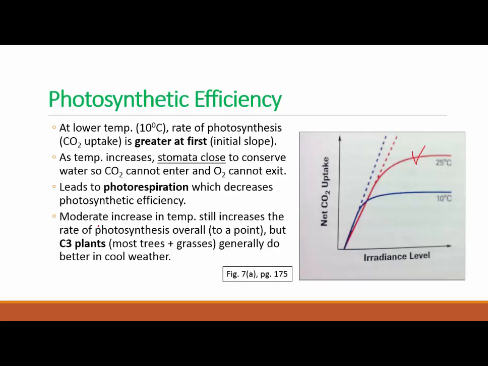So a moderate increase in temperature still increases the rate of photosynthesis overall, up to a point, of course, where you're going to get the stomates to close very frequently, and therefore you're not going to get good CO2 entry and oxygen exit. So you're going to get a lot of photorespiration, and if the temperature gets too high, you're going to get denaturation. So the C3 plants, the types that we see in the city here of London, most trees and grasses, they tend to do better in cool weather.